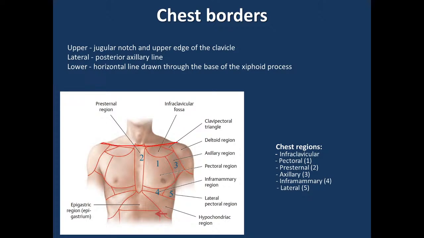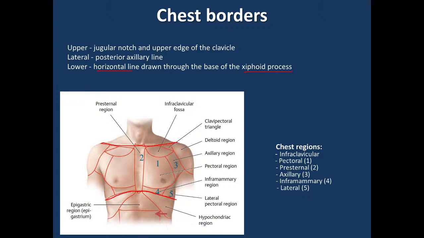It is between neck and chest, and the lower or inferior border between abdomen and chest goes through this horizontal line through the xiphoid process. I hope you remember that the xiphoid process is a part of the sternum. And you see all regions here.